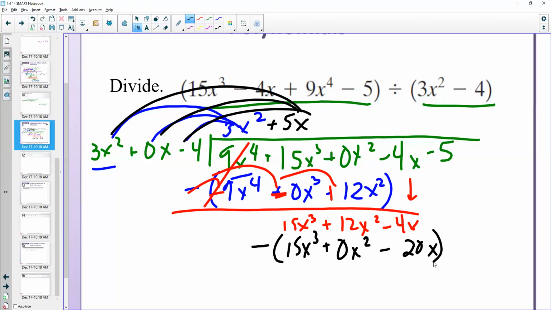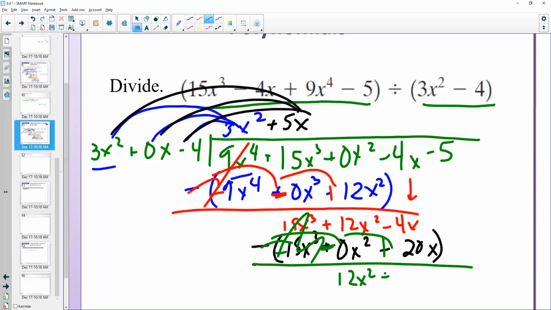All right, distribute my negative. So minus, minus, plus. These guys cancel. That just comes down, 12x squared. These guys become negative 4 and positive 20 makes positive 16x. Bring down the 5.